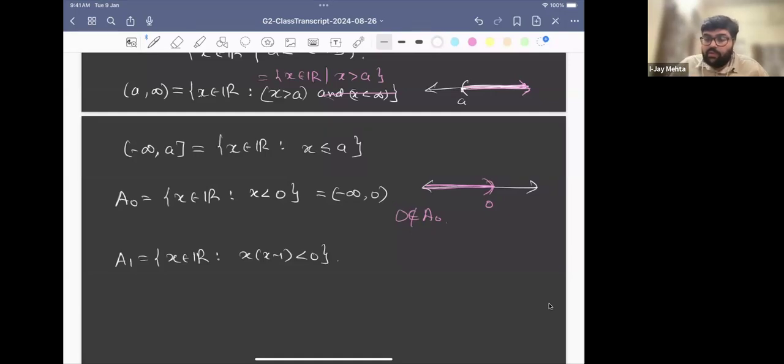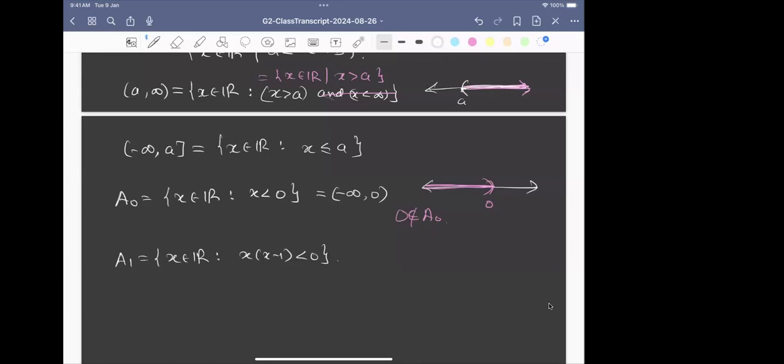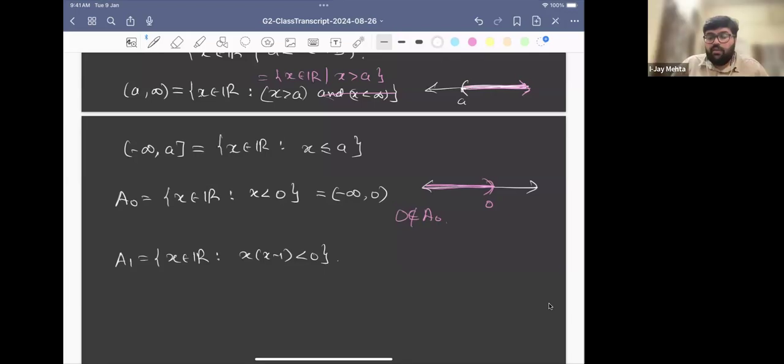Pooja, can you give an element in the set? Bhakti, can you give me an element in the set? Sir, it's an empty set. It's an empty set? Okay. How many of you agree with Bhakti?